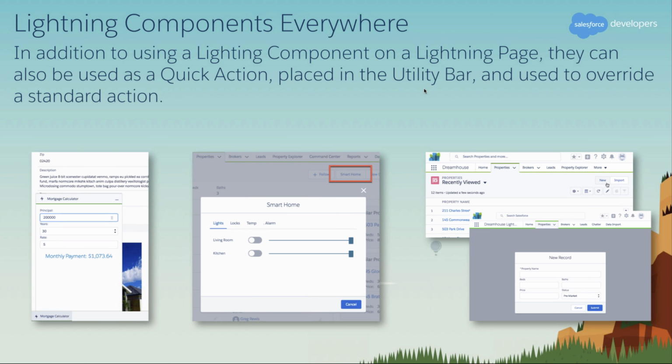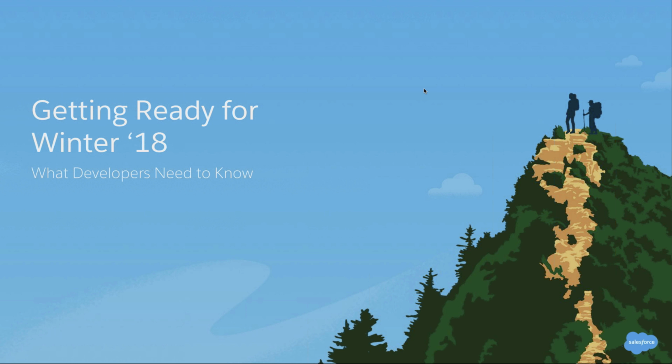They can live as a quick action. And now, again, with summer 17, they can also be used as the interface for overriding any standard action. So literally any standard action that you can imagine overriding, you can do with a Lightning component today. Now, there are a couple things that you need to know, and we'll cover that when we get into the actual code.